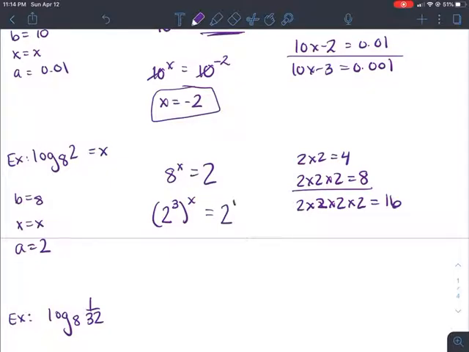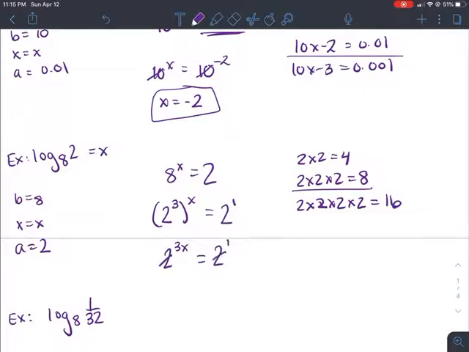And this is just 2 to the power of 1. So now when you have an exponent outside the parentheses, you would say that these are going to multiply. Okay? So I get 2 to the 3x equals 2 to the power of 1.